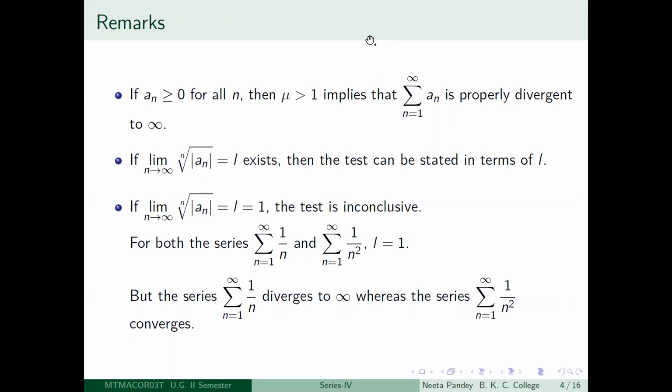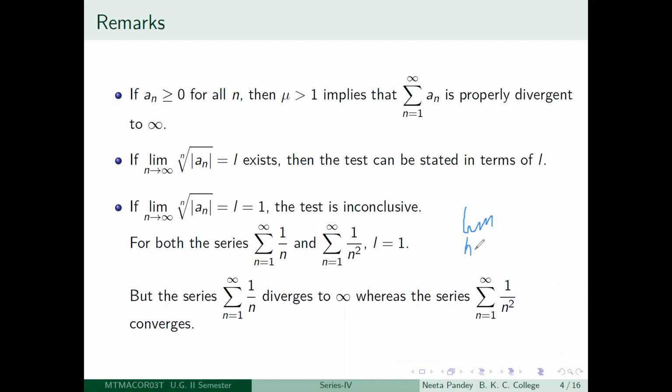So let me just try something which I have just learned. What I'm trying to say is that the limit as n tends to infinity of the nth root of n, we have seen that this is equal to 1, right?